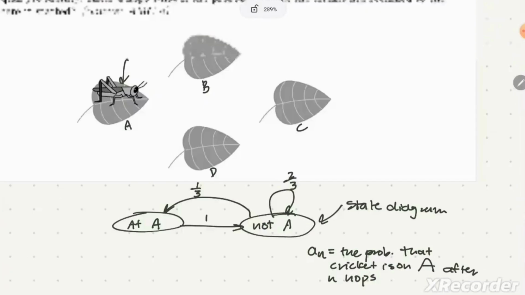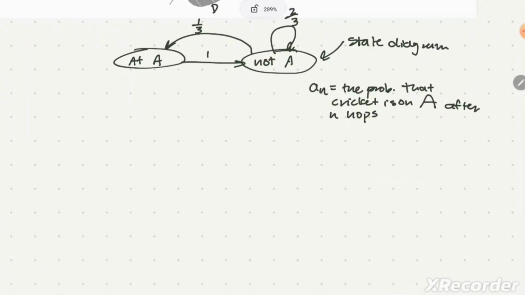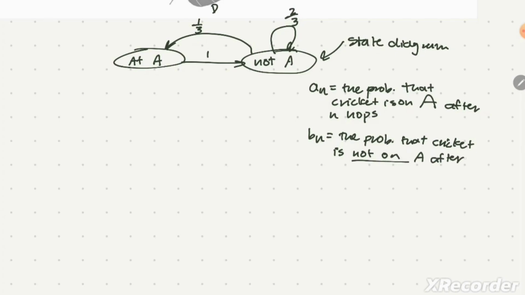And then let's define Bn to be the probability that the cricket is not on A after n hops.